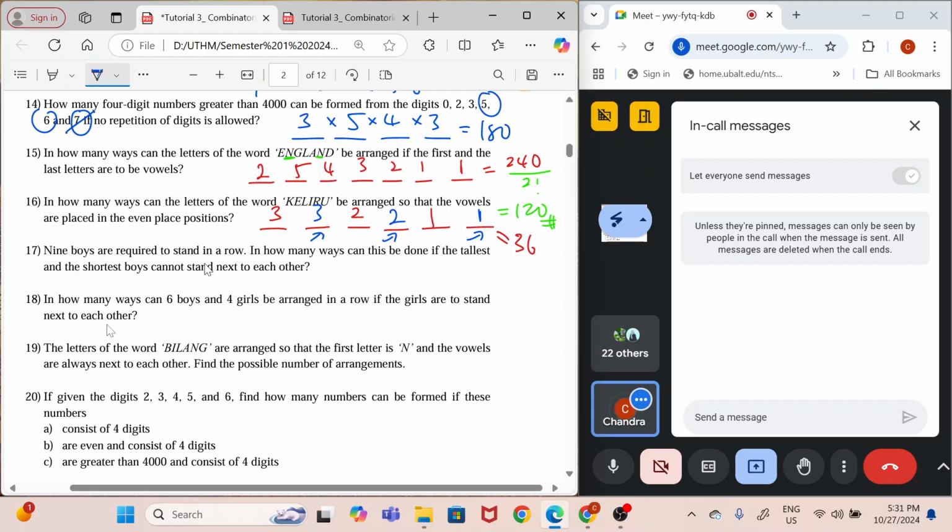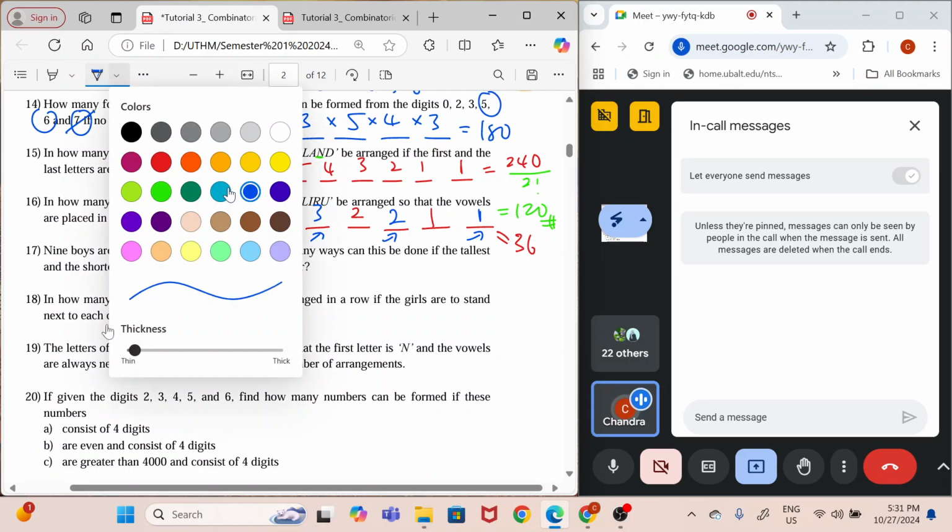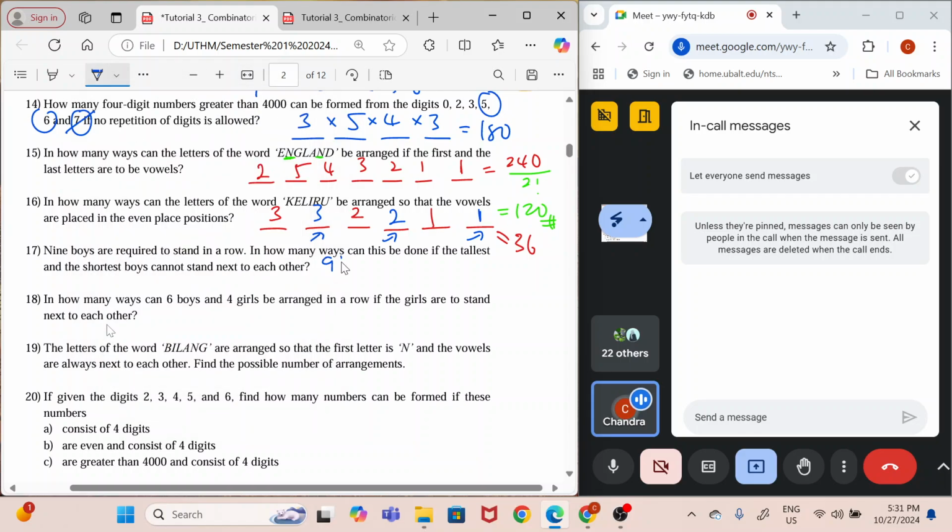So for that, 9 boys are required in a row. How many ways can 9 boys stand in a row in general, no condition? That should be 9 factorial, no condition at all. How many do you have? 362880.